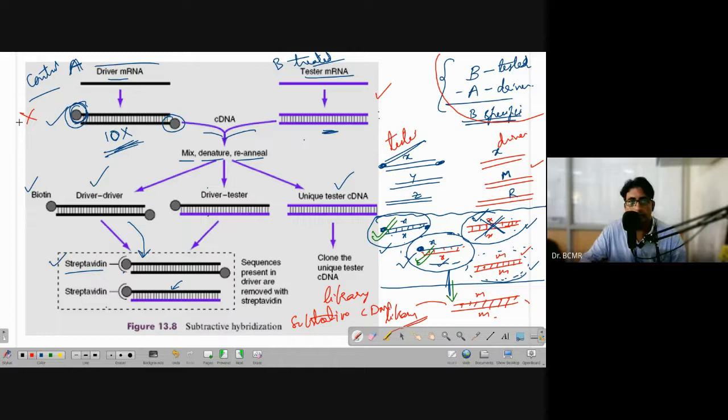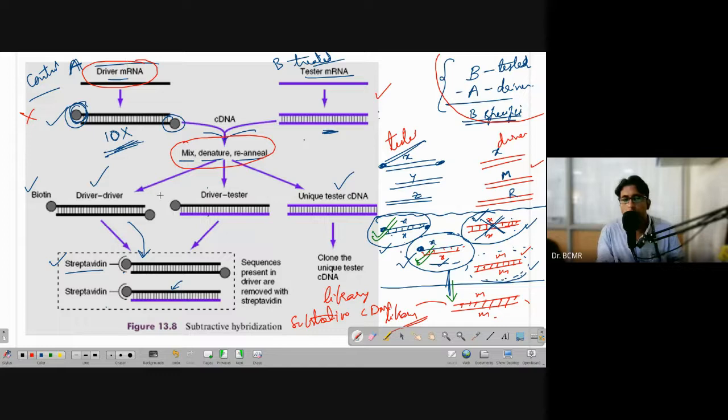We do that by mixing, denaturing, reannealing. We use the principle of hybridization and eliminating all those that are common with the driver mRNA. And how do we eliminate them? We eliminate them using some form of affinity. Here, the example is about biotin and streptavidin.